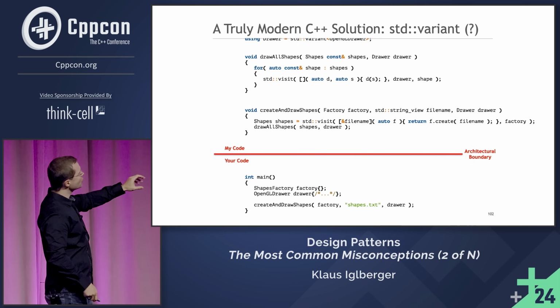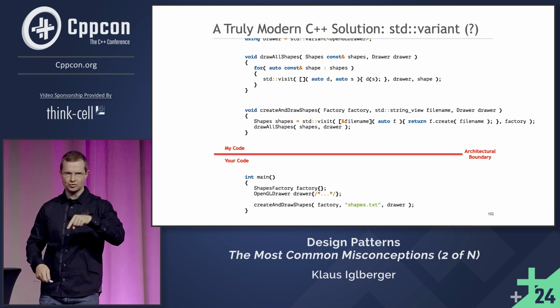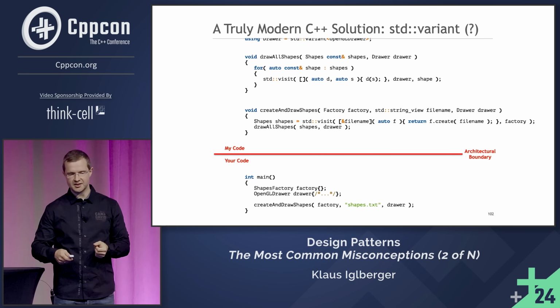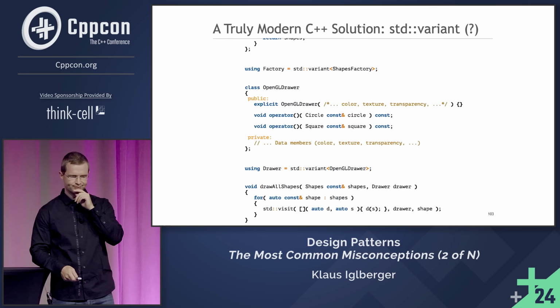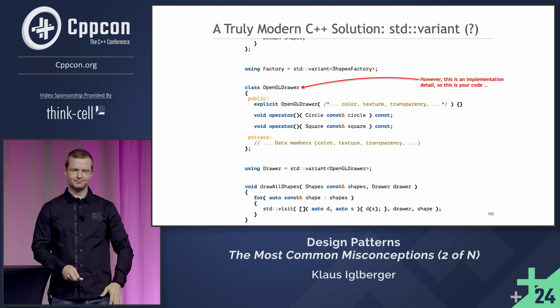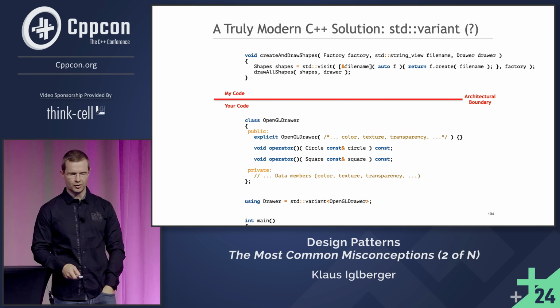Okay, doesn't look right at the moment because, of course, you should decide how to draw, OpenGL, etc. And you should have factories, etc. Okay, so the OpenGL drawer, that's your code. Okay. We just have to rearrange stuff, so the OpenGL drawer goes into your code. Fine.